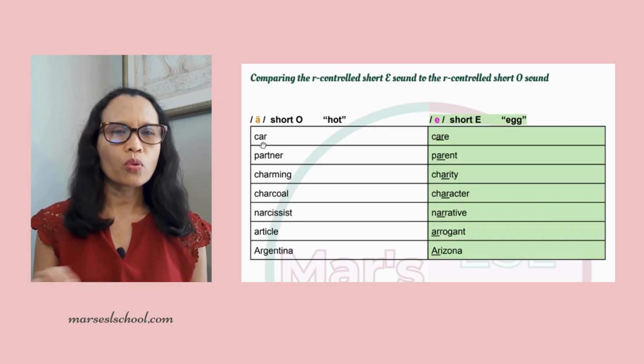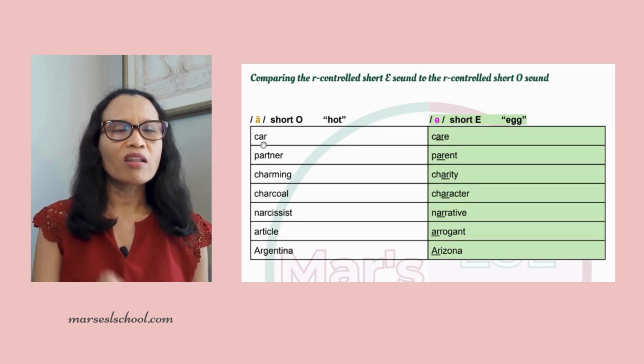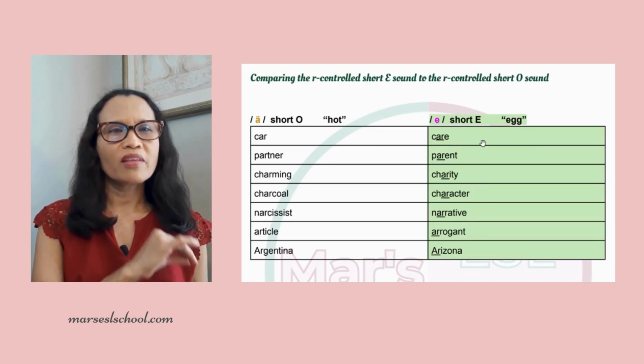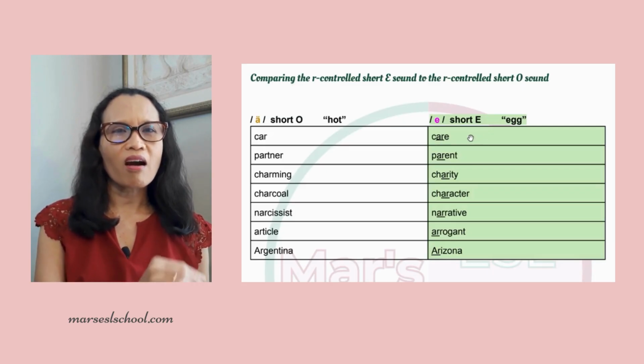Our first word is car. Car has a short O sound plus R. Short O, A plus R, car, car. Now let's look at our second group of examples on the right. So these words have AR in the spelling also, but they have a different vowel sound.